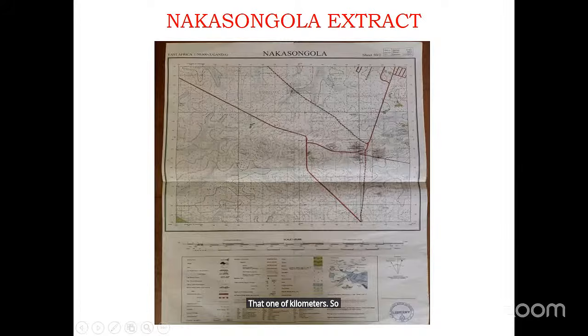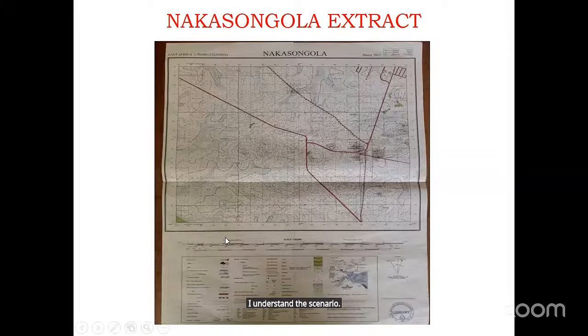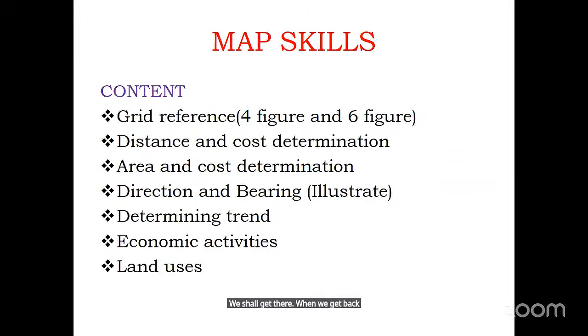So you need to read the scenario, understand the scenario, and get to know if they are talking about distance in kilometers. We shall get there. We get back, we need to know area and cost determination. How to calculate area of regular shapes and irregular shapes.